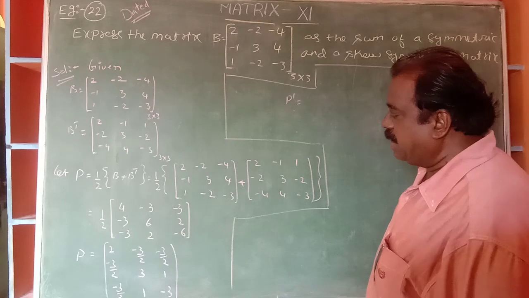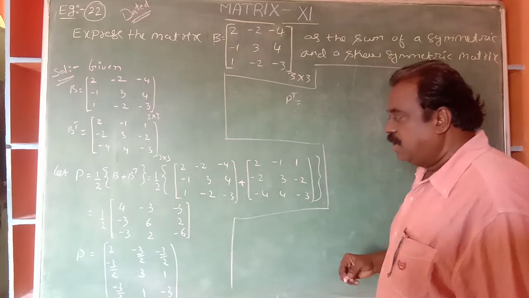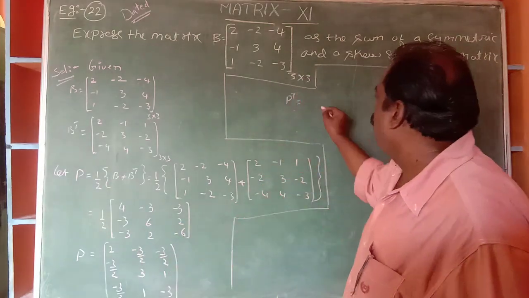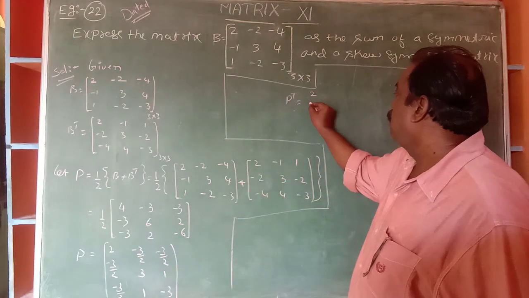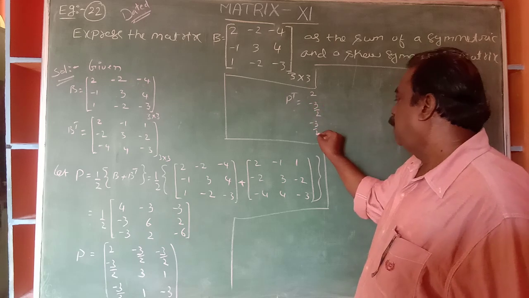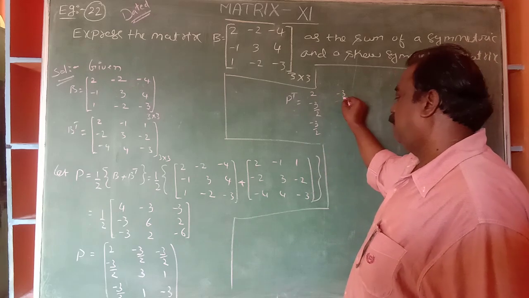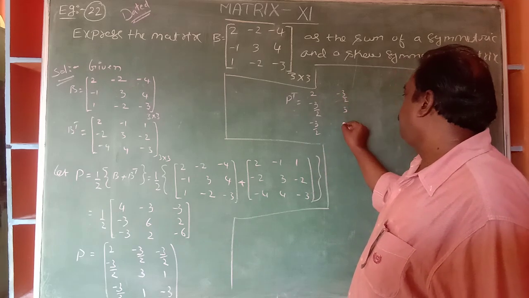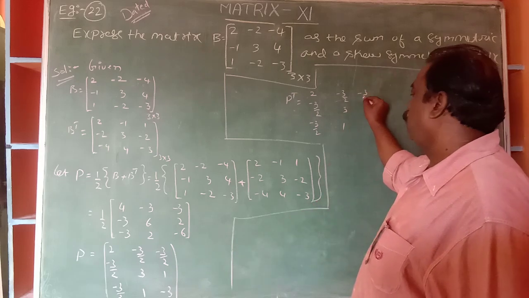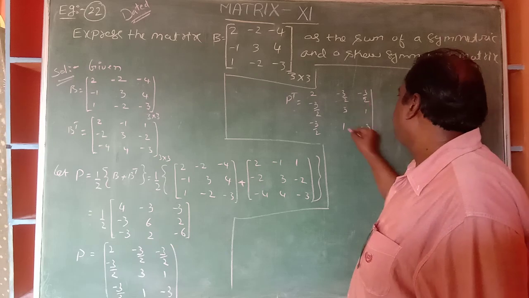P dash means P transpose, the transpose of the matrix P. The first row becomes the first column, and the second row becomes the second column, and the third row the third column.